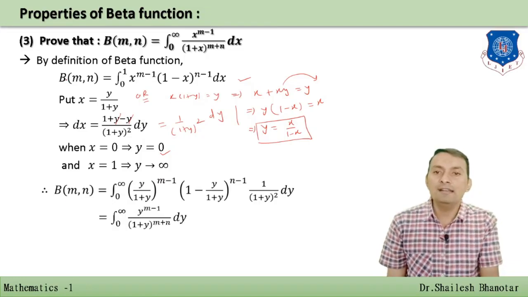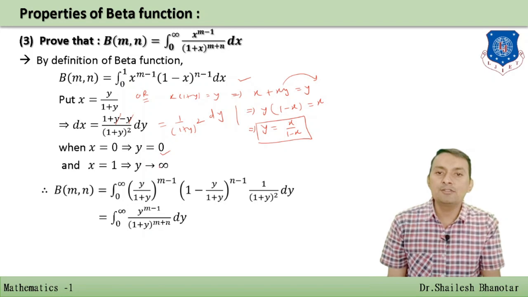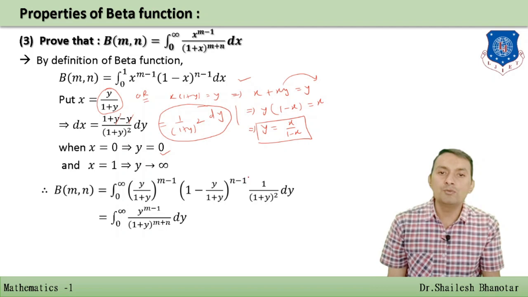Therefore the definition of beta(m,n) can be reduced to the integral from 0 to infinity, where x is replaced by y divided by 1 plus y raised to m minus 1, into (1 minus y divided by 1 plus y) raised to n minus 1, and dx is nothing but 1 divided by (1 plus y) raised to power 2 dy.